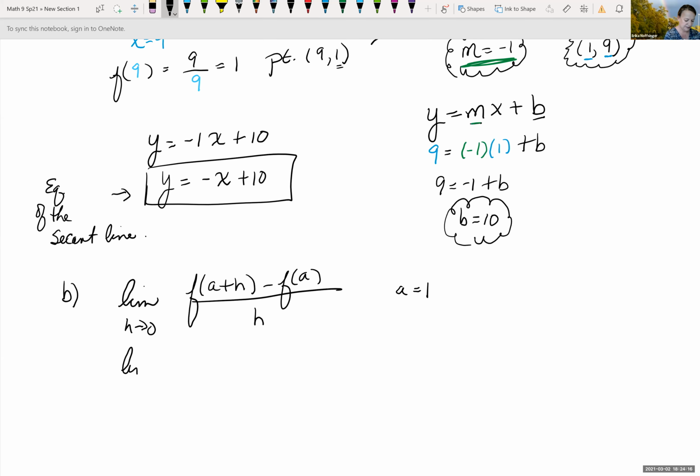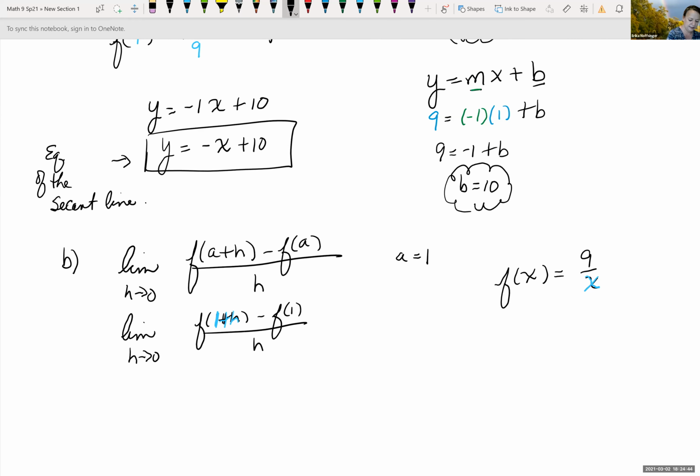So I'm looking at the limit as h goes to 0 of f of 1 plus h minus f of 1 all over h.